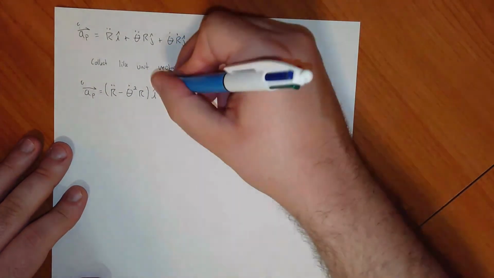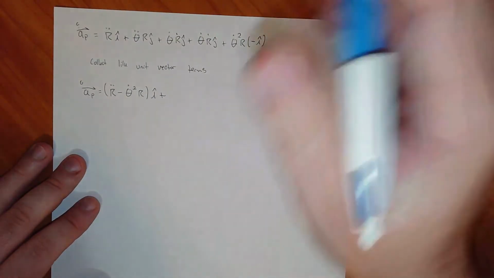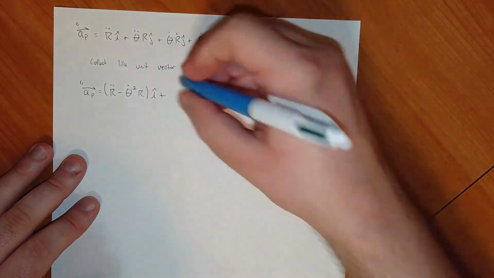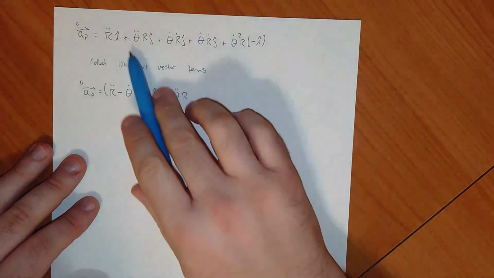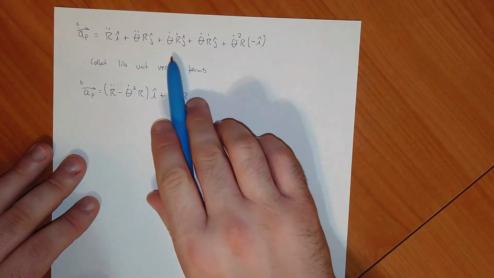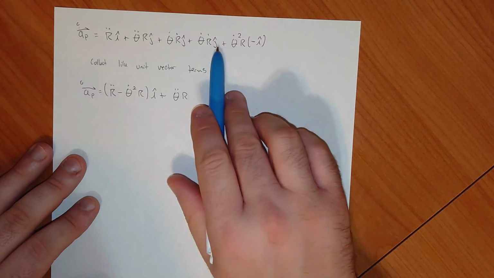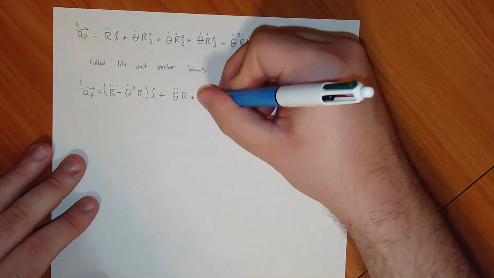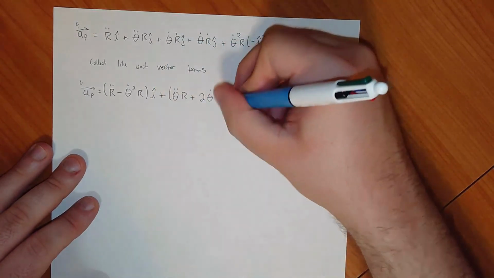Yes. Okay. Good. And then I've got to collect up all the j terms. So I've got a theta double dot r j hat, and then hey, look at this. This is cool. I've got a theta dot r dot j hat plus a theta dot r dot j hat. So those are going to just combine together to give me 2 theta dot r dot, both in the j hat direction.